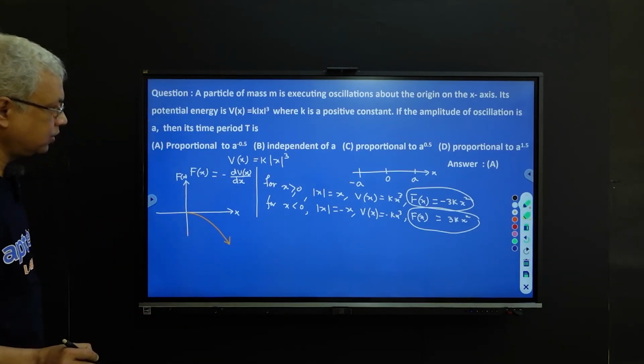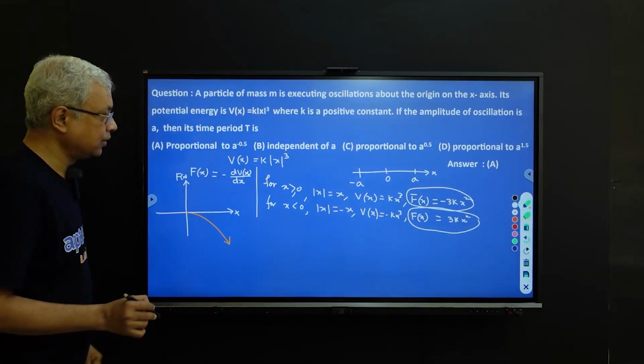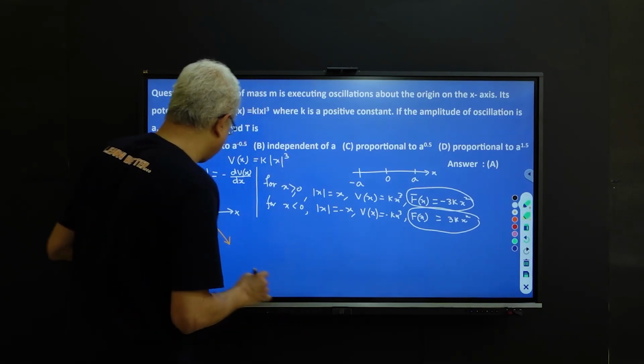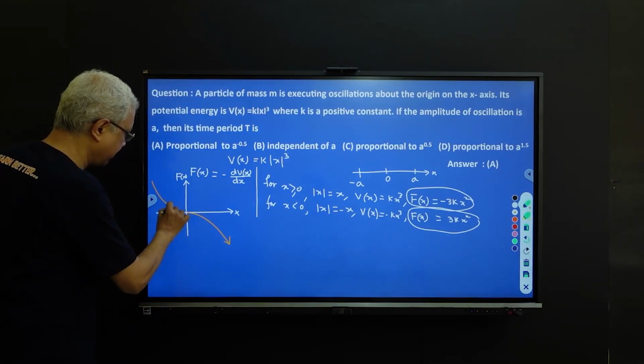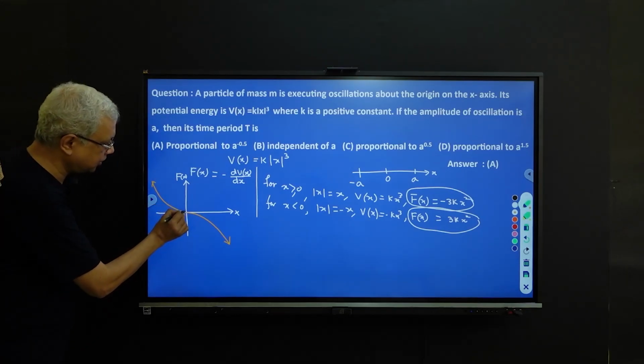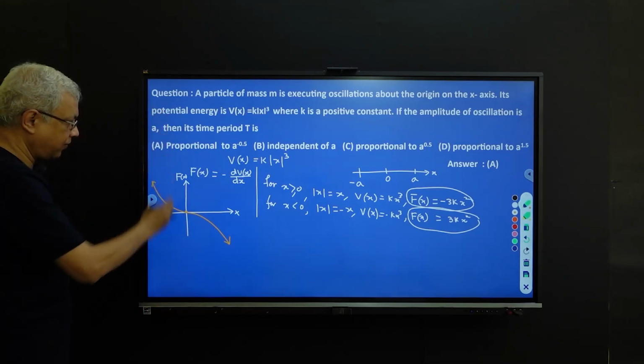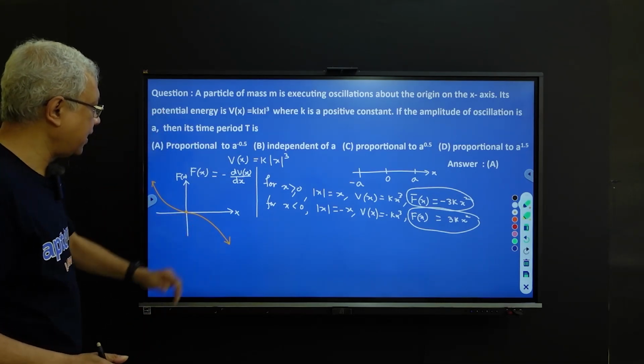There is no doubt, hopefully. And when x is less than 0, Fx is 3k x square. So parabola shape will be like this. So this is x equal to 0 point, and this is x-axis, and this is Fx. So plot will be like this.